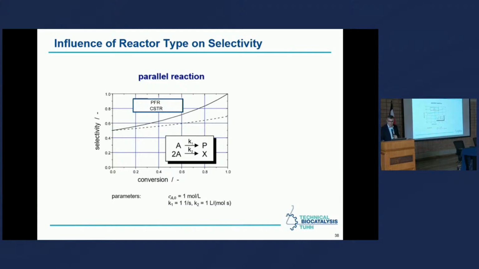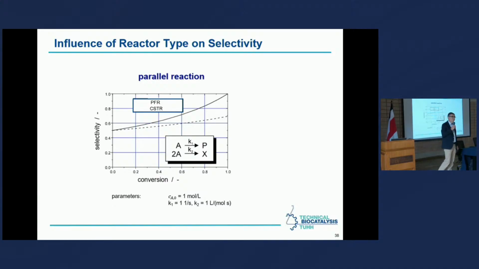Next brain jogging topic, and then we just have one example left over. Remember the beginning, we talked about selectivity and yield. We have a simple system where one molecule of A reacts to one molecule of P, the product. That's what we want. However, unluckily, two molecules of A, our starting material, react to a side product we do not want to have.